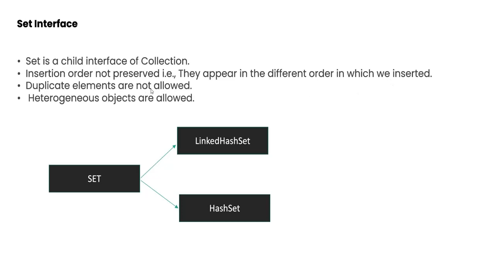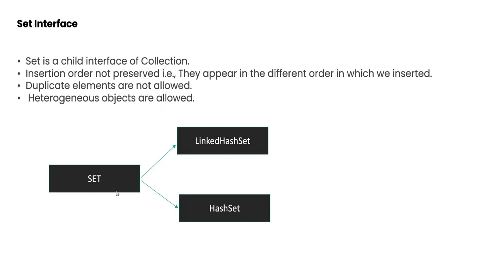Duplicate elements are not at all allowed, whereas in List, duplicate elements are allowed. Heterogeneous objects are allowed, so different types of objects can be stored.